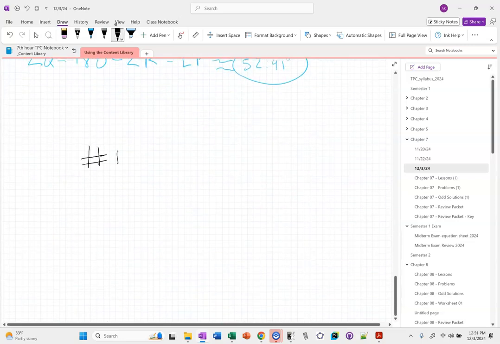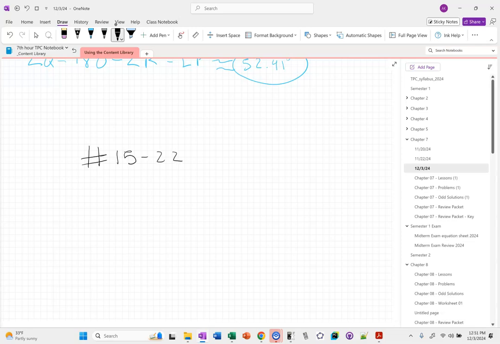So on to your problem set, we're going to add 15 to 22. So for Sunday, we had 5 through 14 from last time. I'm going to give you 15 to 22 new this time.